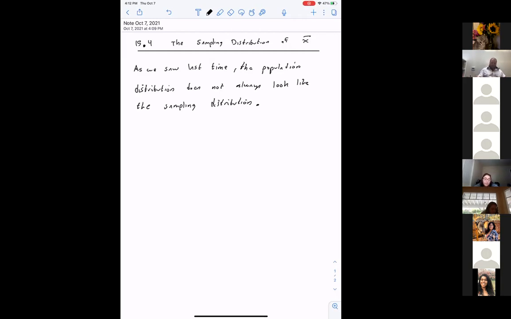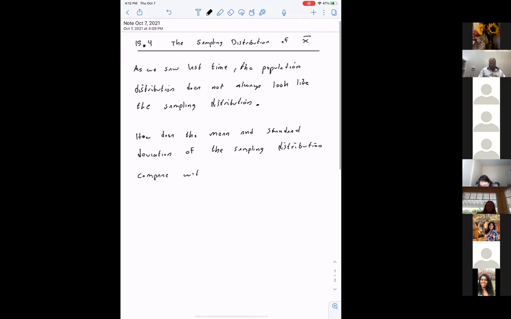So the question is, how does the mean and standard deviation of the sampling distribution compare with those of the population distribution?